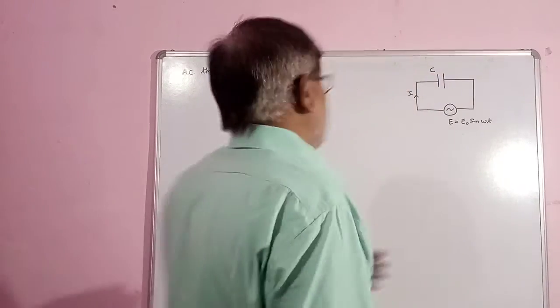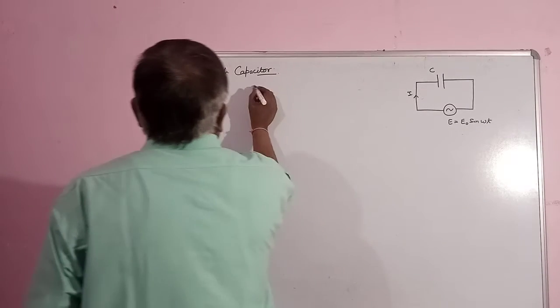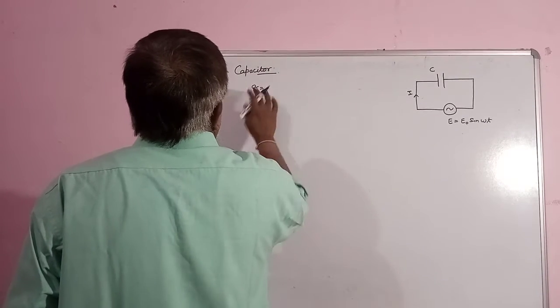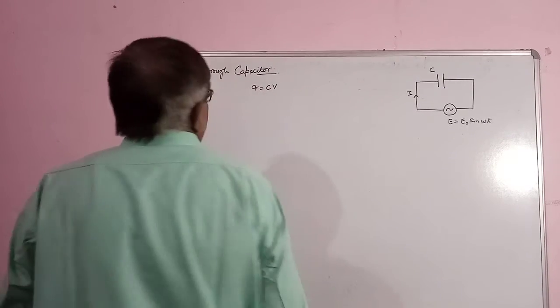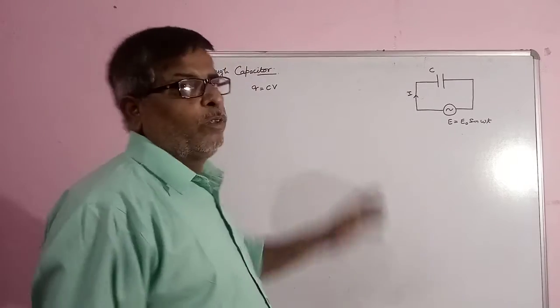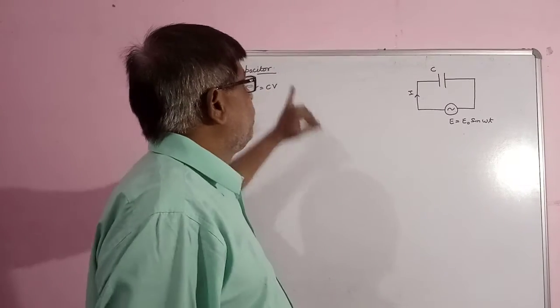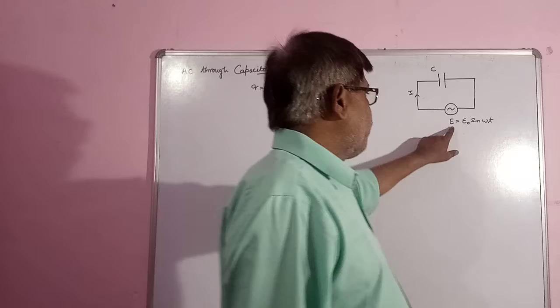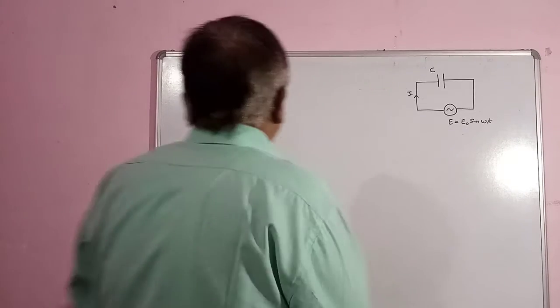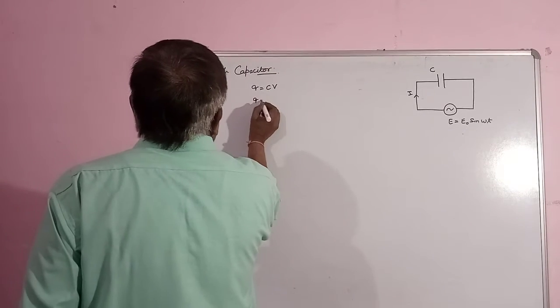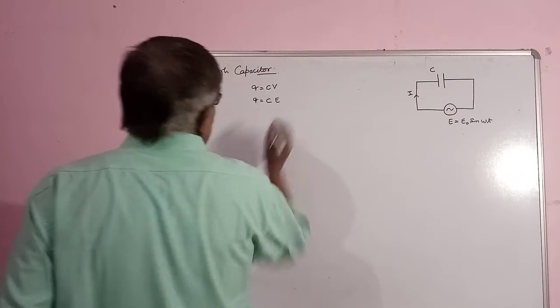If we are talking about charge, the charge on a capacitor is given by Q equal to CV. The basic formula of capacitance, Q equal to CV. Here V is E, so we can write Q equal to CE.